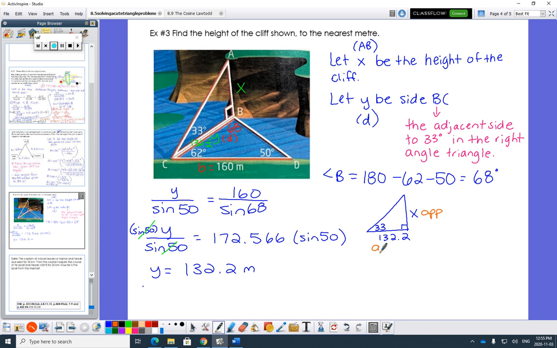This is adjacent. We've already said that here, but again, maybe it's helpful for you to label it again, okay? Remember, just like yesterday, when we had word problems, many of the word problems use tan, right?